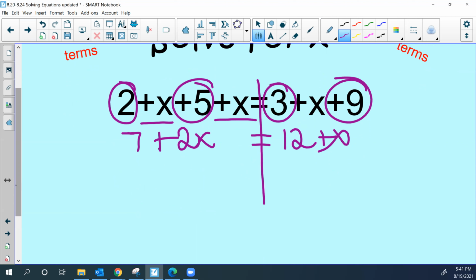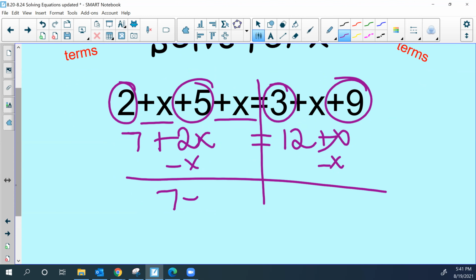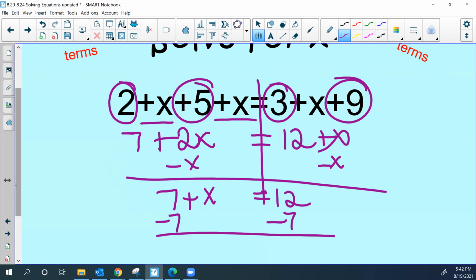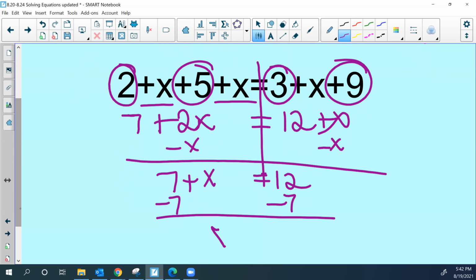Pick either the constants or variables to start with. X equals 5 comes out to be my final answer.